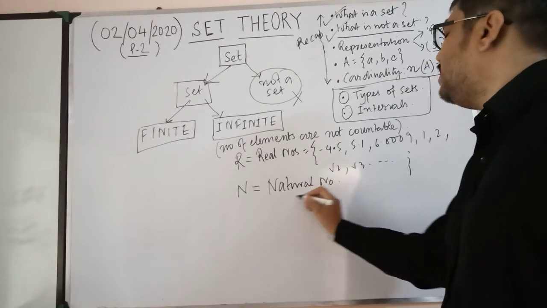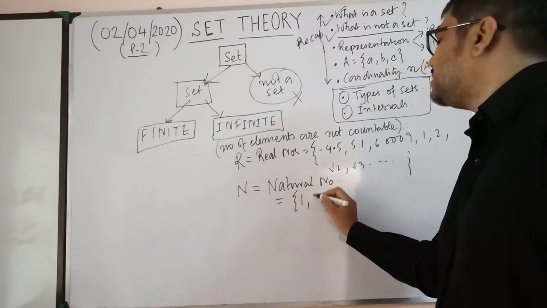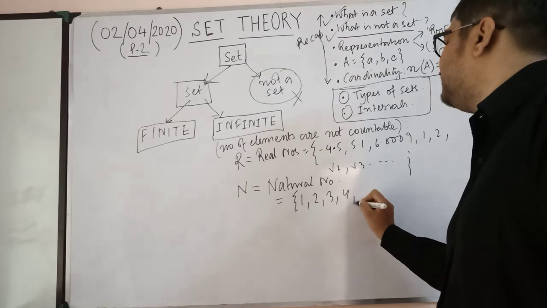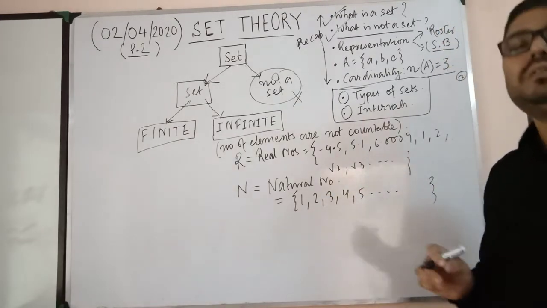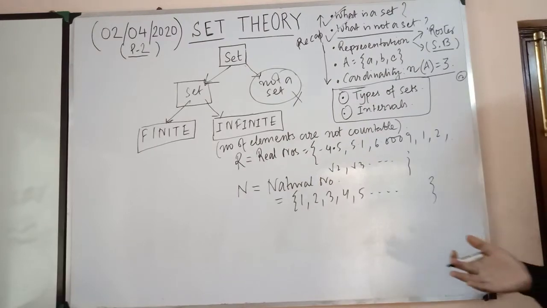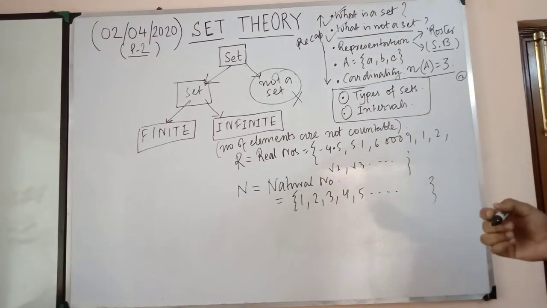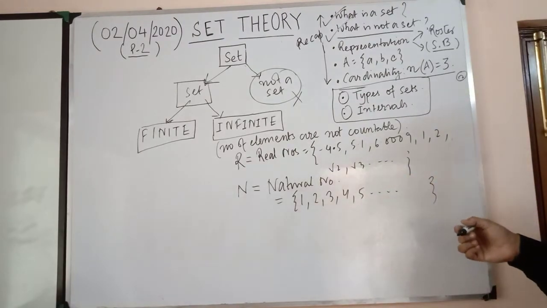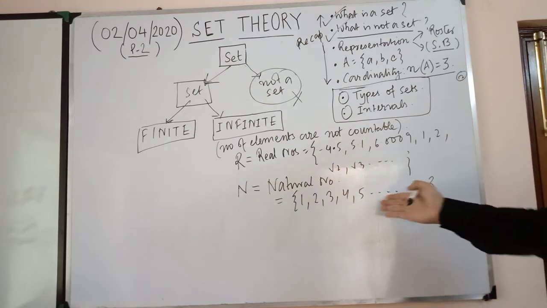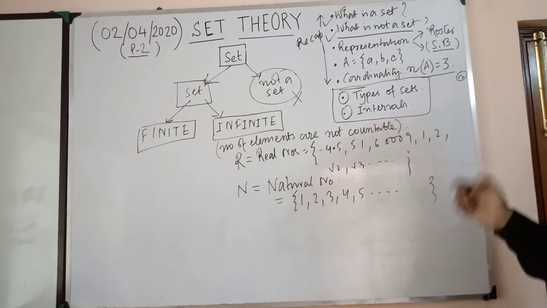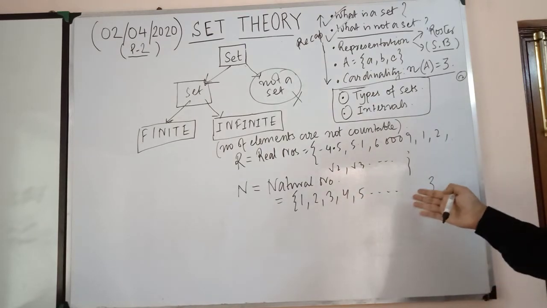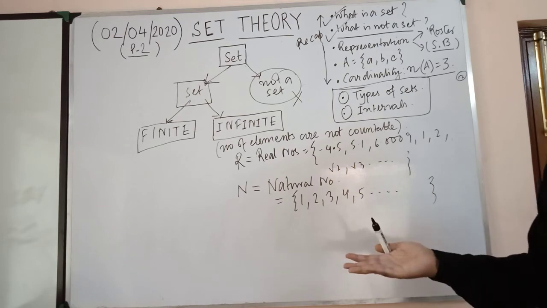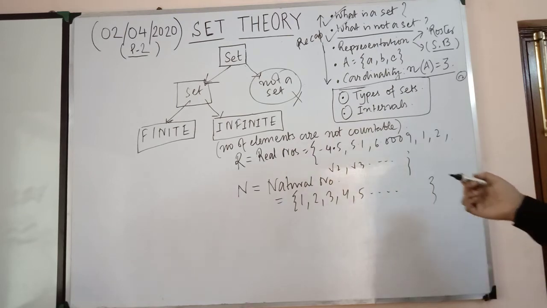So you know what to put inside it: 1, 2, 3, 4, 5. Do you think any fraction is to be put over here? The answer is no. We don't include any fraction in the natural number set. So look at it, so many natural numbers. So automatically this is also an infinite set, but the elements cannot be counted. That's why it is an infinite set.